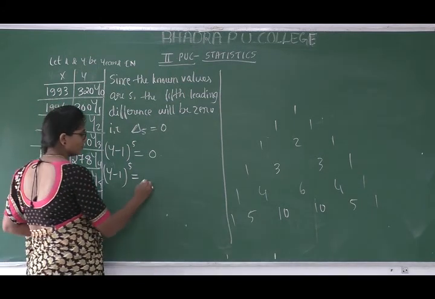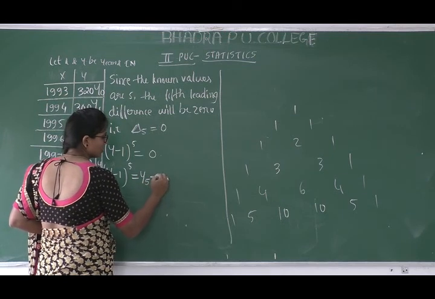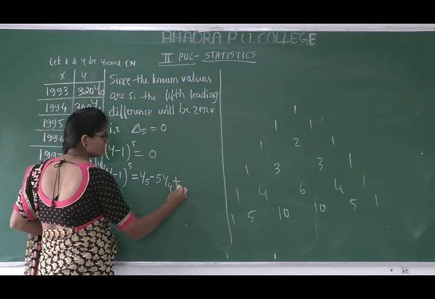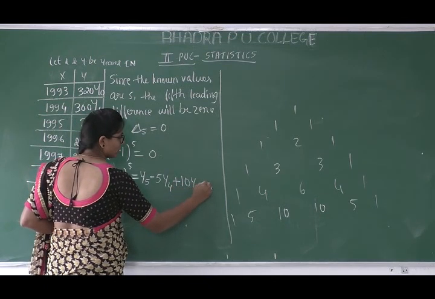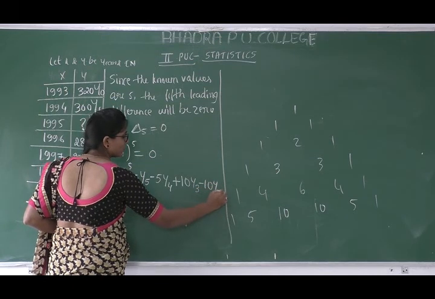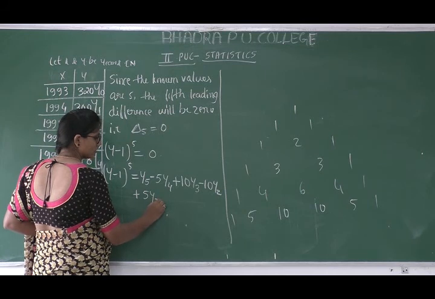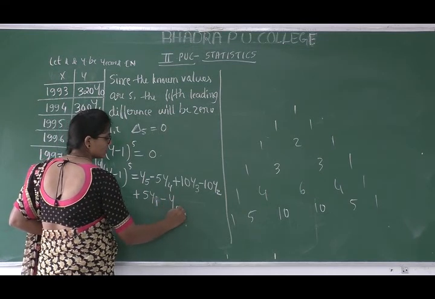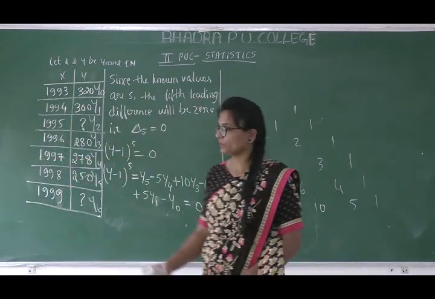Therefore this equation will be y5 minus 5y4 plus 10y3 minus 10y2 plus 5y1 minus y0 is equal to 0.